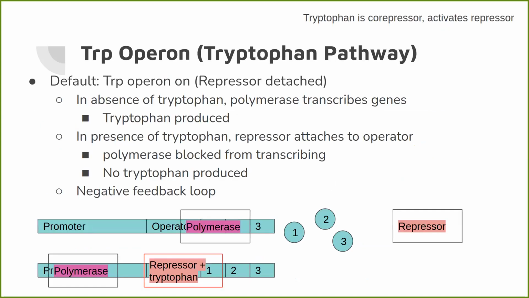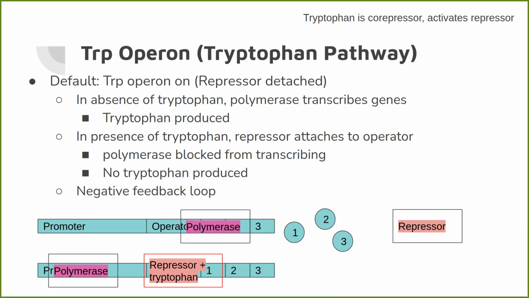There usually are two operons that are commonly taught in classes as well as on the USABO. One of them is the trp operon. This deals with the control over tryptophan synthesis within cells.